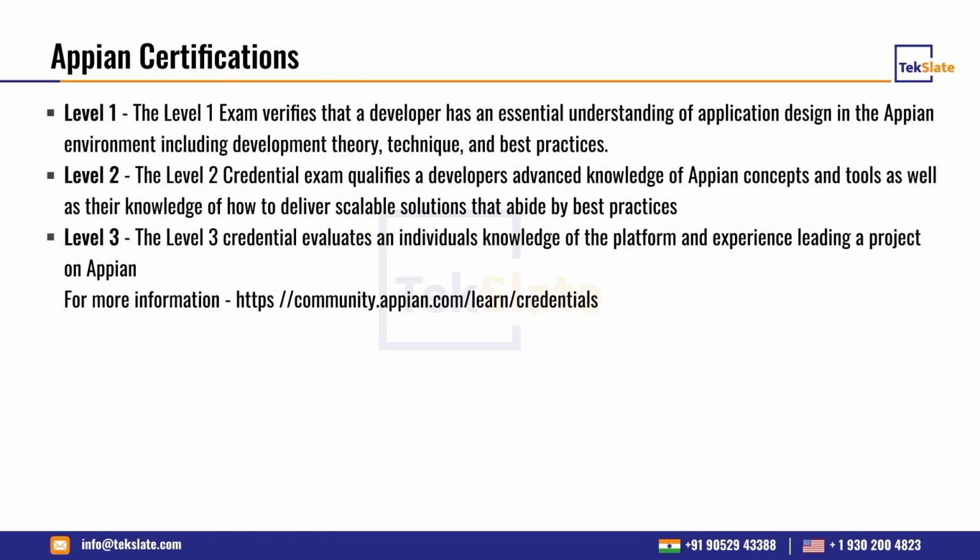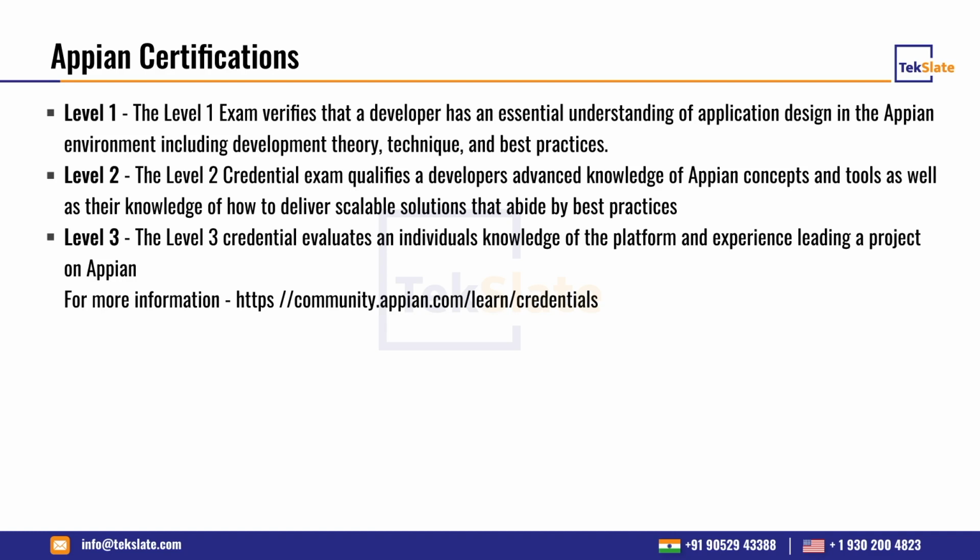Talking about the certifications, there are 3 levels of certifications defined by Appian: level 1, level 2, and level 3. All 3 levels are based on the expertise of an Appian developer. Level 1 is an essential understanding of application design in the Appian environment. Level 2 is more advanced than level 1, and it focuses on advanced knowledge of Appian concepts and more architectural deliverables that you can give using Appian, abiding by best practices.